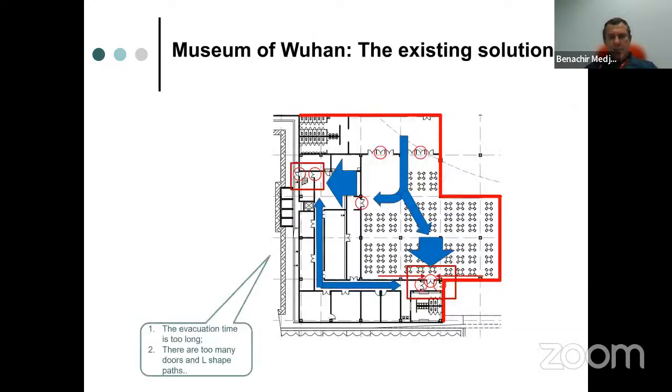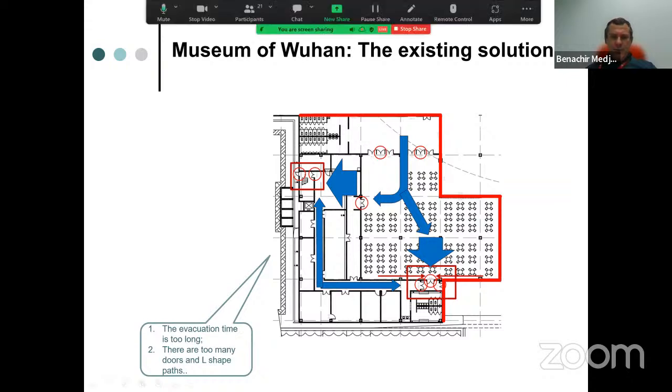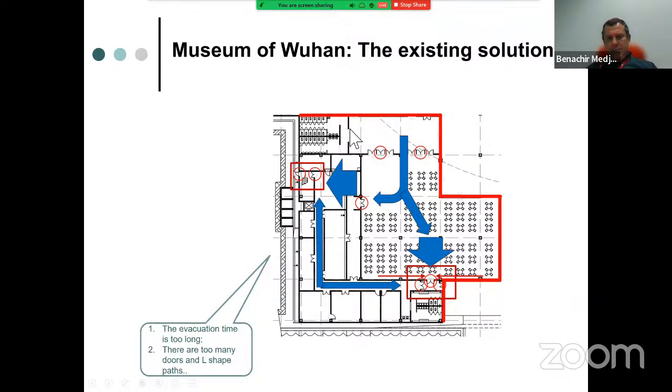Now, this is the plan of the first zone, and this is the existing evacuation path. We have 2 safety zones, one on the top left and one here down right, and the public can evacuate to either of them.